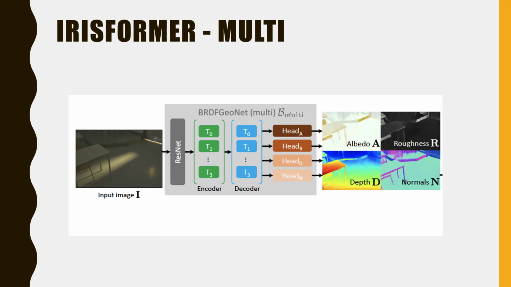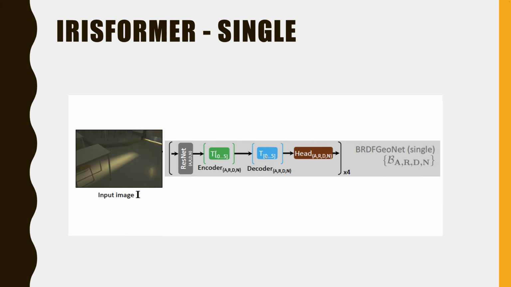And in this case they have 2 options. They have the multi, so their network, which they call BRDF GeoNet, outputs those 4 heads, and each head gives us a prediction of the specific modality that we are talking about. And they also have this single option.